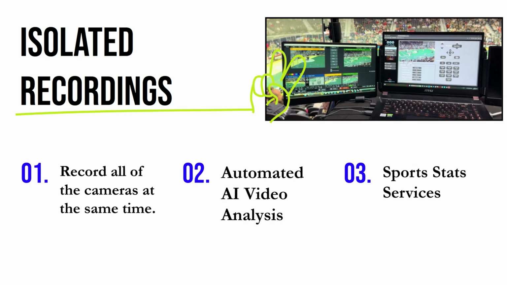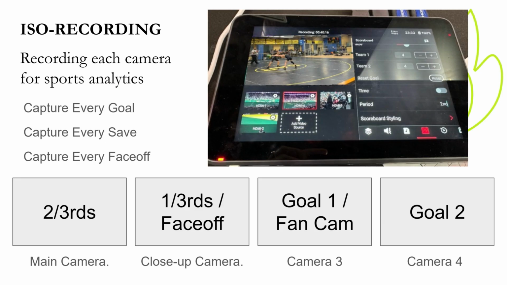If you have 4 cameras and you're just mixing them together, you might miss some of those tactical views if you're just recording or just getting the live stream, for example. Also, there are a lot of cameras that now offer automated AI video analytics. They're okay. Oftentimes they do make mistakes, so they're not the best in the world from what I've seen. But if you hire a sports stats service, you're probably going to get 99% accuracy.